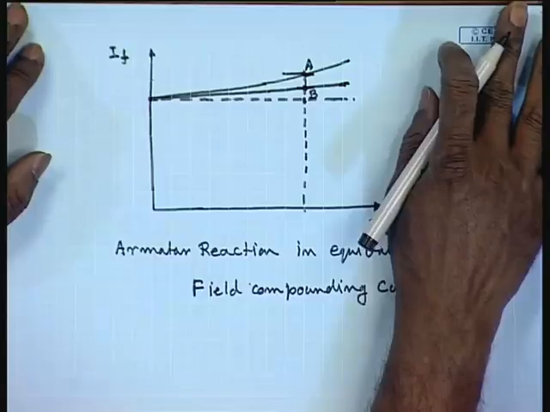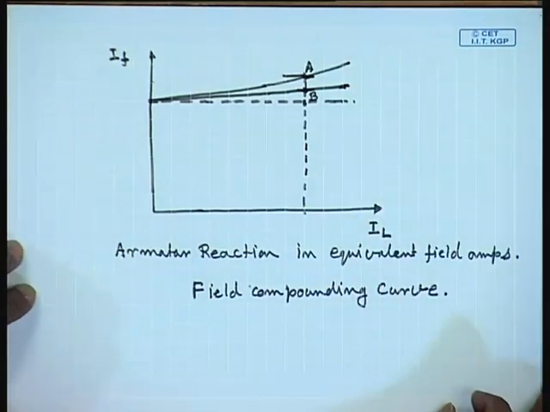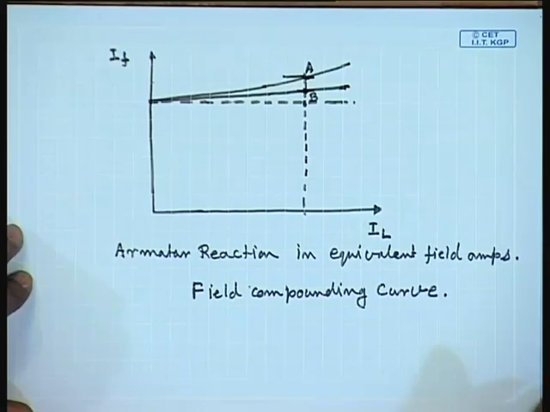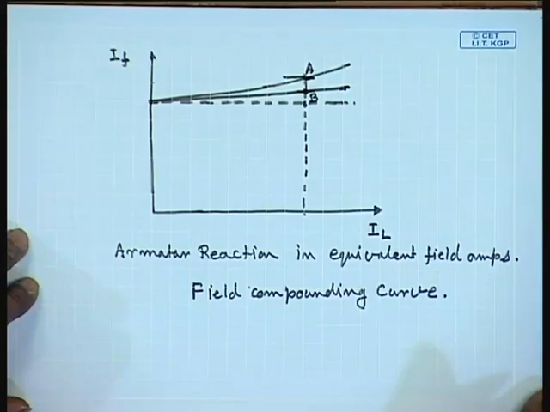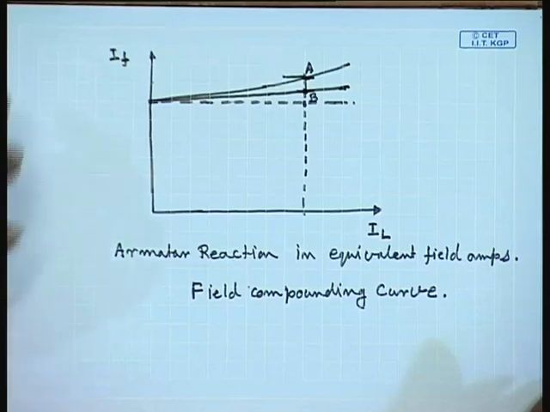It is important to understand that the degree of saturation due to armature reaction is somewhat dependent on the terminal voltage of the DC generator. Hence, if the purpose is to find out the armature reaction MMF in equivalent field amperes, it is necessary to find out the field compounding curve at the desired terminal voltage.